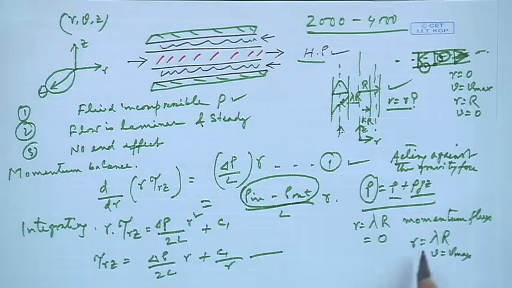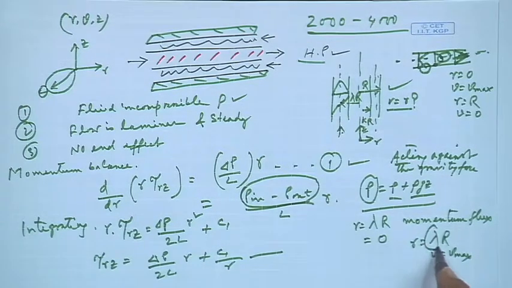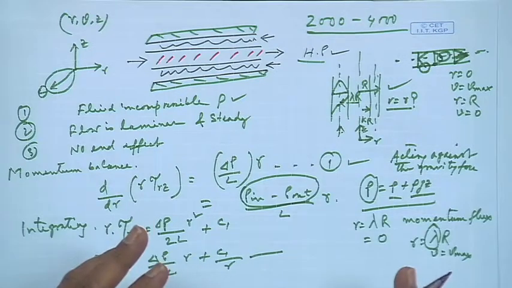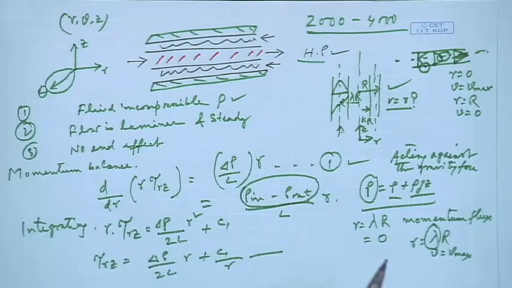But what is the value of lambda, that we do not know. We are assuming a radius where lambda is some value, and that we have to determine.